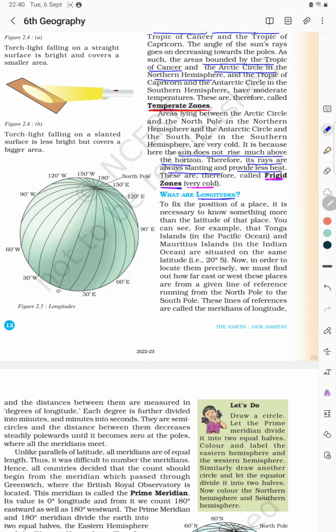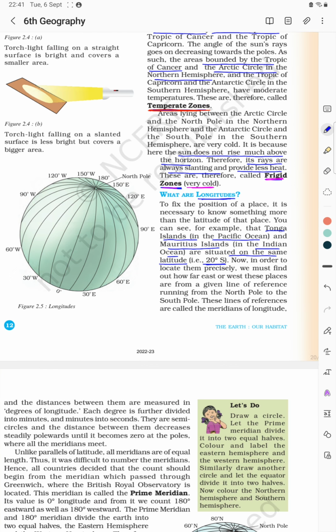For example, Tonga Island in the Pacific Ocean and Mauritius Island in the Indian Ocean are on the same latitude, that is 20 degrees south, but both are miles away from each other.